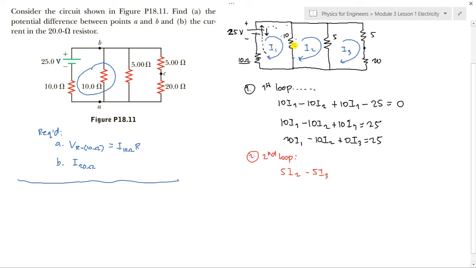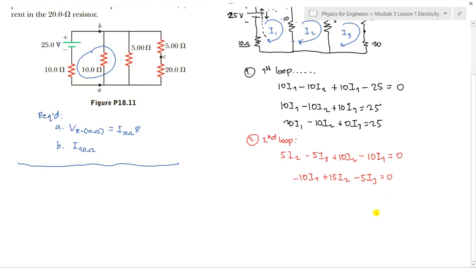The 10 ohm resistor is in loop 2, so we take the I2 direction as positive, so that would be plus 10 I2, and then we take I1 as negative because it is opposite to I2, that would be minus 10 I1 is equal to 0. So rearranging, combining I1, we have negative 10 I1, plus 15 I2, then minus 5 I3 is equal to 0. So this would be our equation 2.